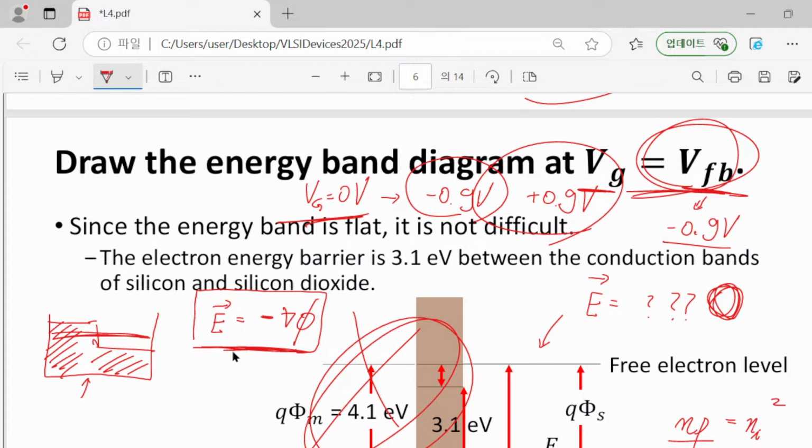So although this number itself is 0, its hidden balancing point is not 0 but minus 0.9. If we can find the flat band condition, then our analysis can be greatly simplified. So simply speaking, even though we apply 0 volt, our MOS system is already driven toward the positive direction. What is the positive direction here?